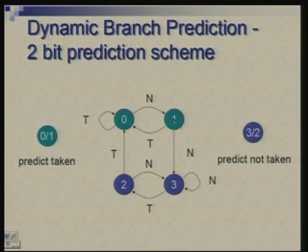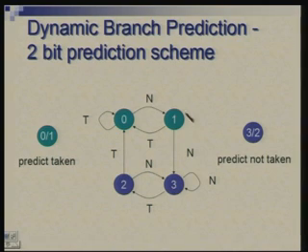While you are in state 0 and 1, you predict that the branch is taken, while you are in state 2 and 3, you predict that the branch is not taken. So, the situation I am trying to depict here is that when you are comfortably in this state and the branch is continuously being taken and you are predicting that it is taken, if once the condition becomes false and you do not take the branch, you are still in a state where you will continue to predict that the branch is taken, unless you get another n and then you go to a different state.